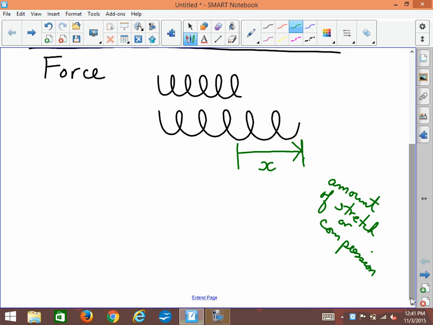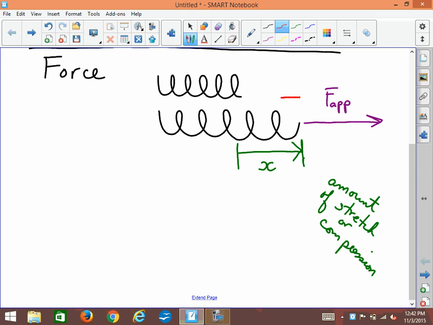Of course, in order to do this, you have to apply a force to the end of the spring in order for it to be stretched. And when you do that, the spring, according to Newton's third law, for every action force there's an equal and opposite reaction.